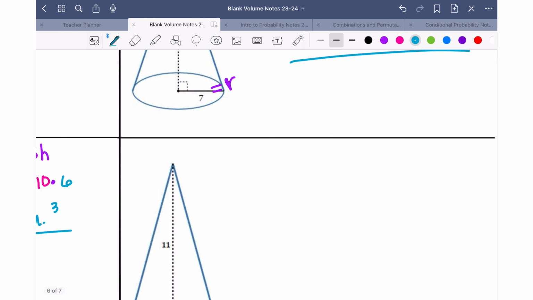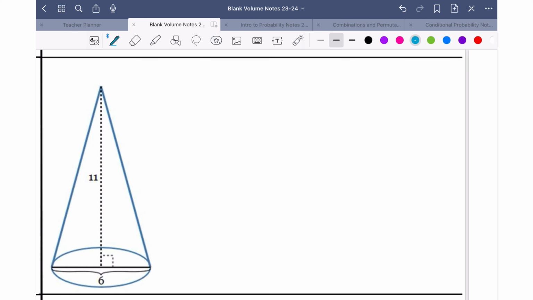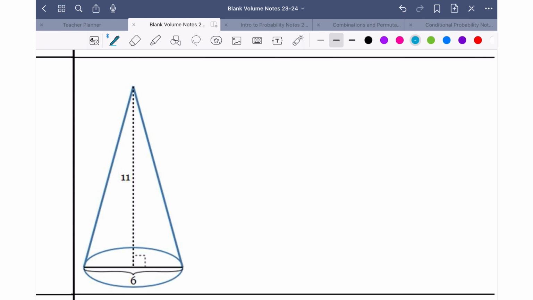Okay, one more. This cone, volume equals 1/3 pi r squared times height. Okay. What is the height of this cone? 11.